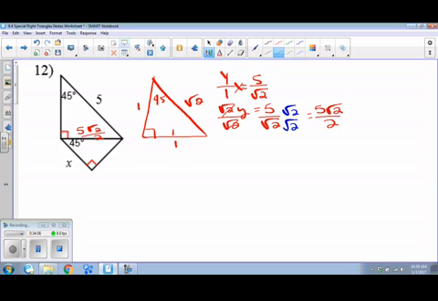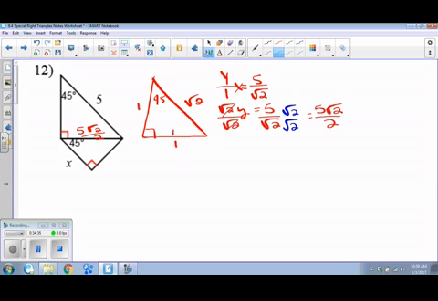Now you're going to look at just this bottom triangle to find this missing piece. This is a two-step process. Remember what I said, you don't want to set up a proportion when one of your sides is a fraction.